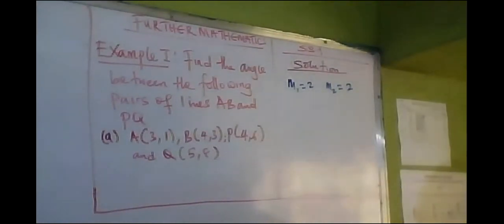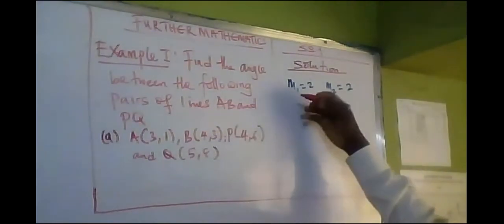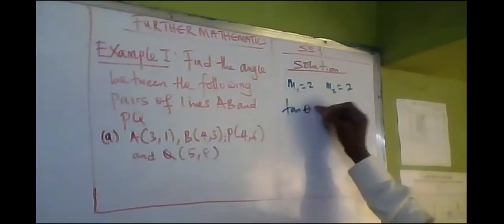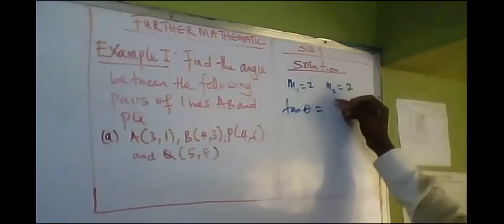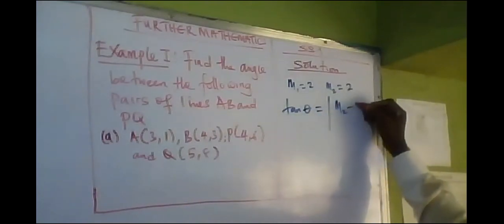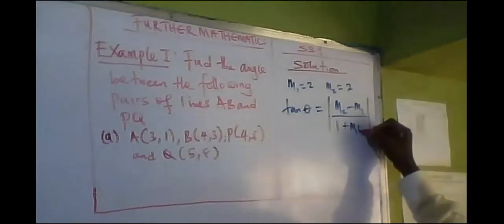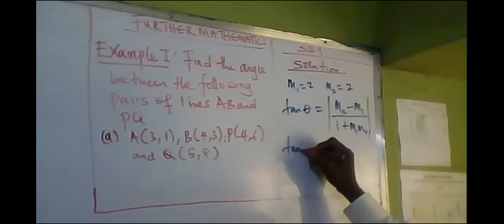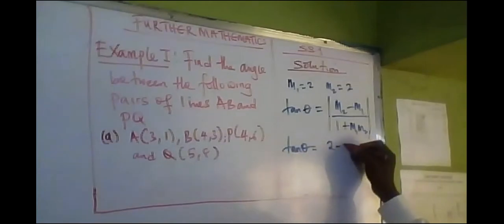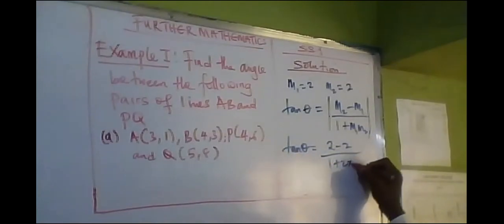When we continue, you will understand. Parallel lines have no angle between them, but let's just apply the formula. Tan theta, or alpha as you have in your note, is equal to the absolute value of m2 minus m1 all over 1 plus m1 m2. So tan alpha is 2 minus 2 all over 1 plus 2 times 2.